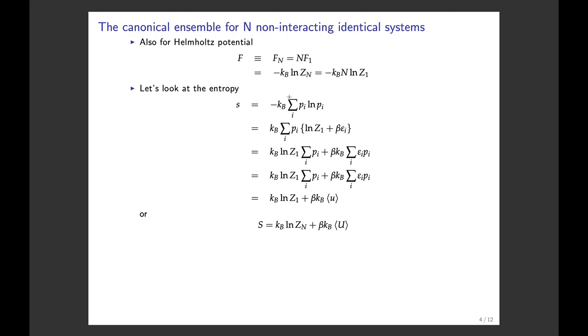Okay, so now let's look at the entropy, this small s, the entropy of one isolated system with r levels. Well, we've seen before it has this form, minus Boltzmann's constant times the sum. And if we plug in, we of course recognize this term as the logarithm of Z1.